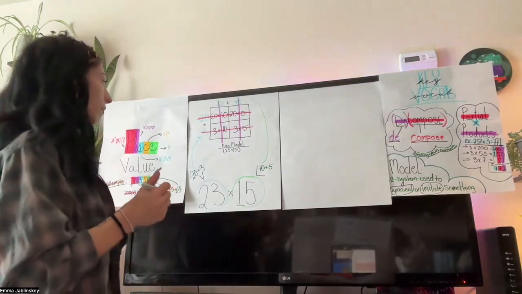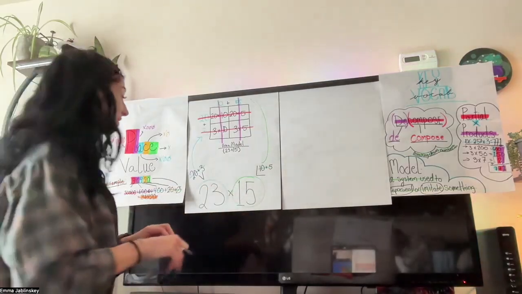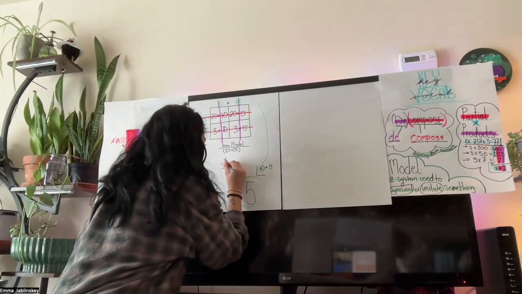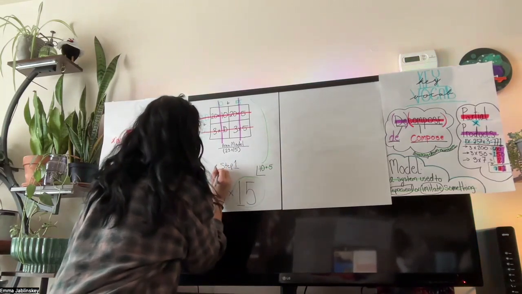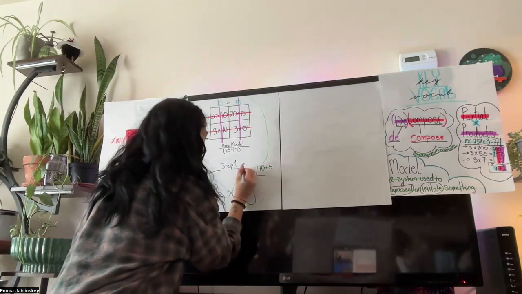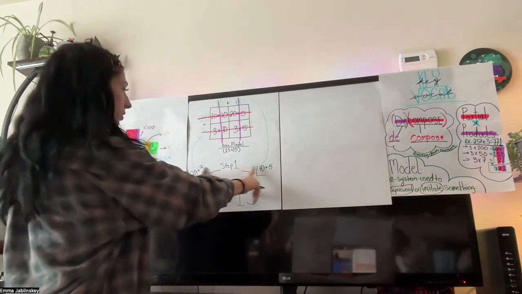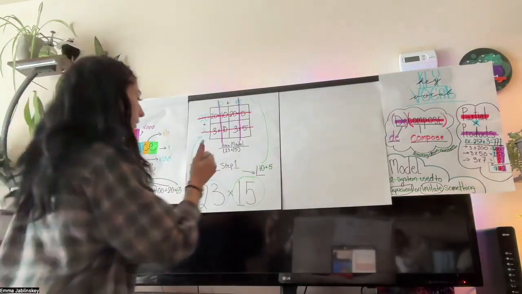So now we're going to move on. Actually, step 1 is going to be to decompose our numbers. This is step 1, right here. Decomposing our numbers is step 1.